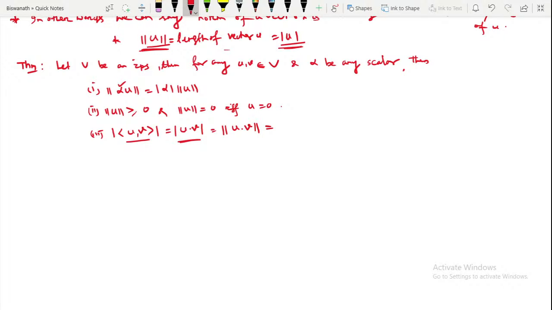All these are similar, and we have to show that the mod of the inner product of u, v is less than or equal to the norm of u times the norm of v, where norm of u and norm of v are scalars and this is a product. This inequality is the Schwarz inequality, the Cauchy-Schwarz inequality.